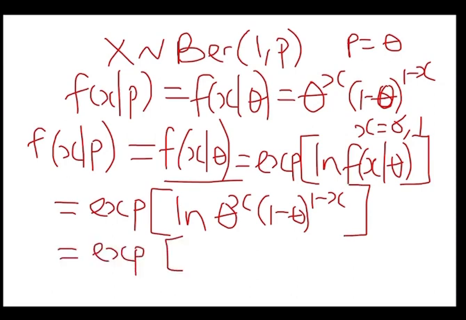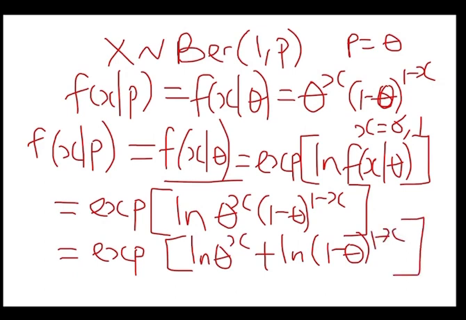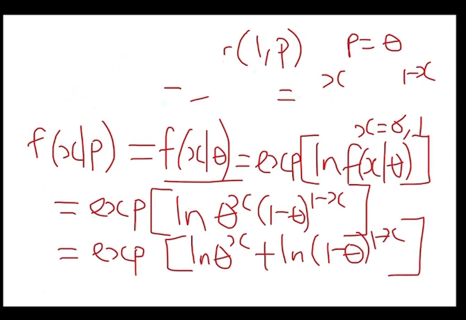So I have theta raised to the power x, plus ln of 1 minus theta raised to the power 1 minus x. What I'm using here is the law of logarithm of a product, which is the sum. Now I'm going to clean my whiteboard because I need some room.